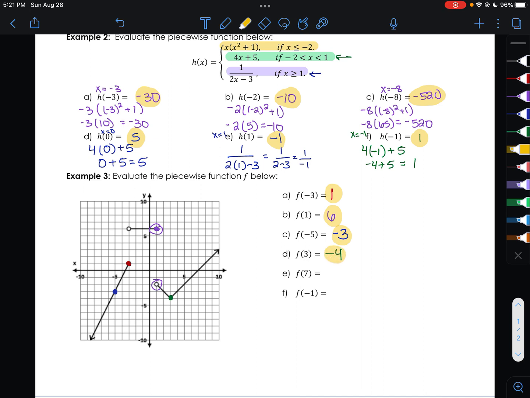F of 7 would be right here on the graph, and that y value is 0. And lastly, we have f of negative 1. So I go over negative 1 on the x-axis. I find where the graph hits. That would be at 6.